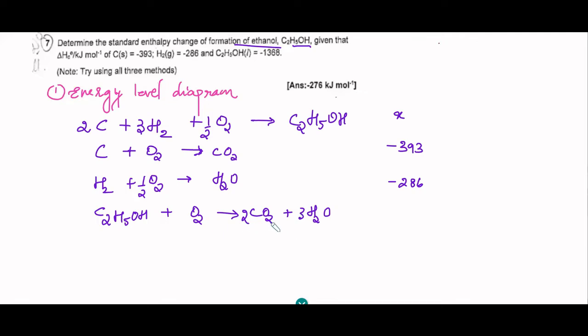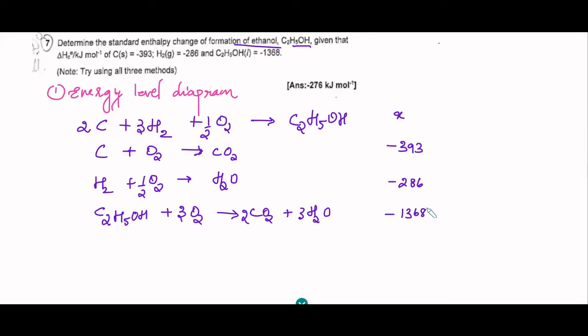In total, 2 times 2 is 4, plus 3 is 7 oxygen atoms. Here it is 1 and 2, so this will be 3 O2. 3 O2 gives 6 plus 1 is 7, so both sides are balanced. For this, it will be minus 1368 kilojoules per mole. So from the given data, I have formulated the equations.